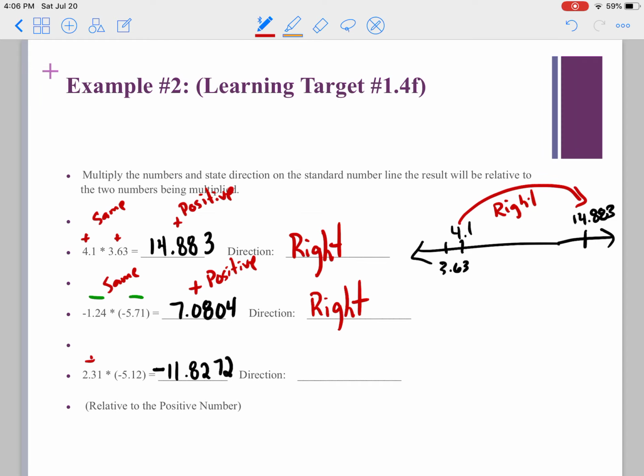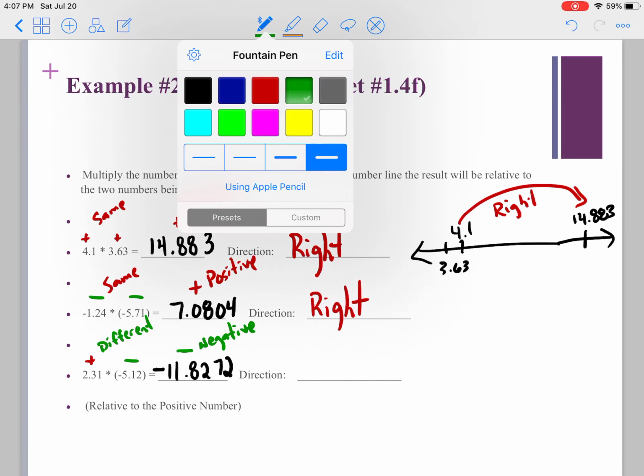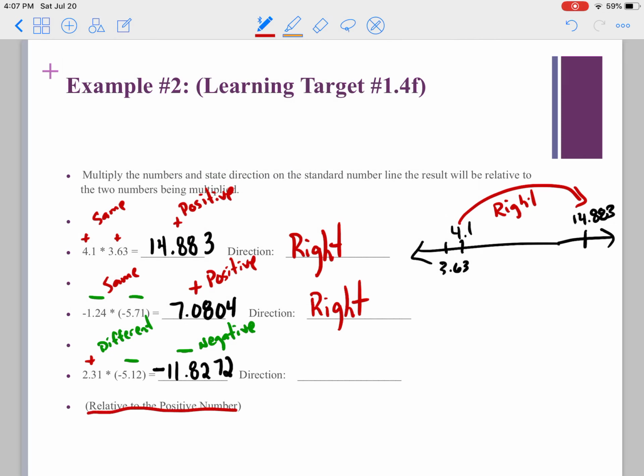And the reason being, we have a positive being multiplied by a negative, which means that we have different signs being multiplied, resulting in a negative result, a negative product. And so this negative is going to be to the left of both of the numbers being multiplied, but relative to the positive number, we still have moved to the left.